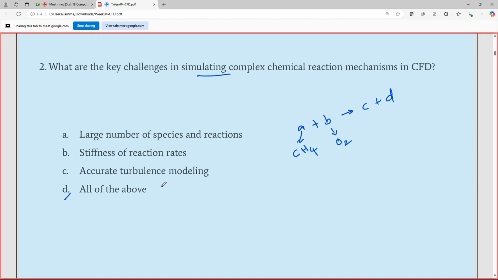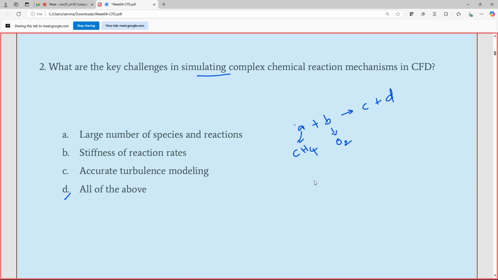So there will be a lot of species or types of molecules involved, and each species will have its own properties. Integrating all these equations, suppose this is one particular chemical equation, affects the mass flow.